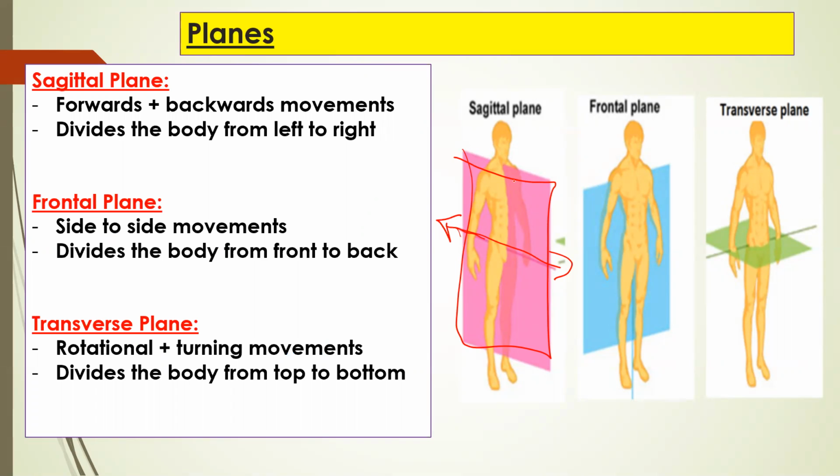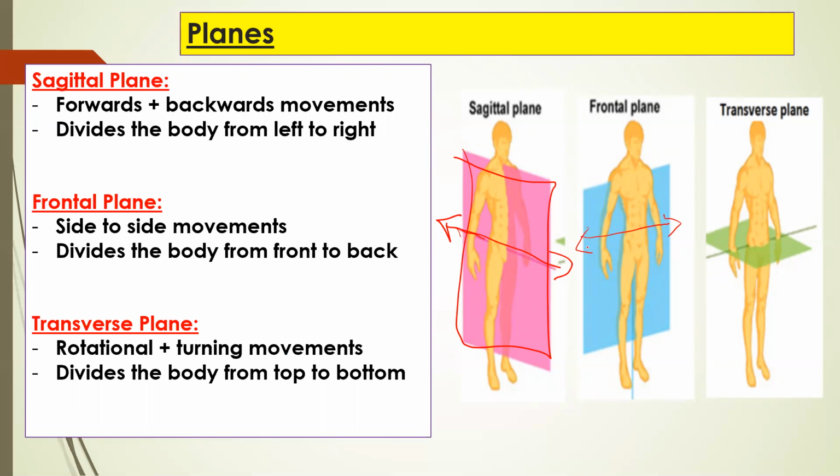Frontal plane, as you can see here, if you were only able to move through the plane, you'd only ever be able to move left to right, sideways movements, because the plane divides the body from front to back. So imagine you're walking along a tightrope, sideways, sidestepping across the tightrope. Couldn't move anywhere in any other direction. That sideways movement is divided from front to back.